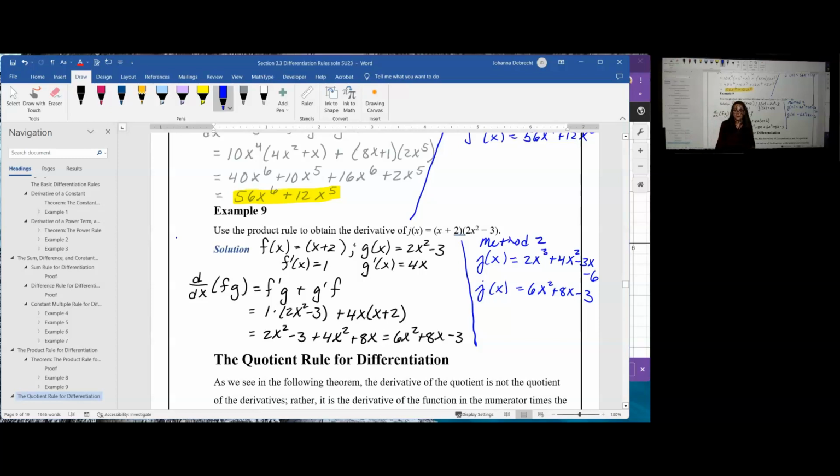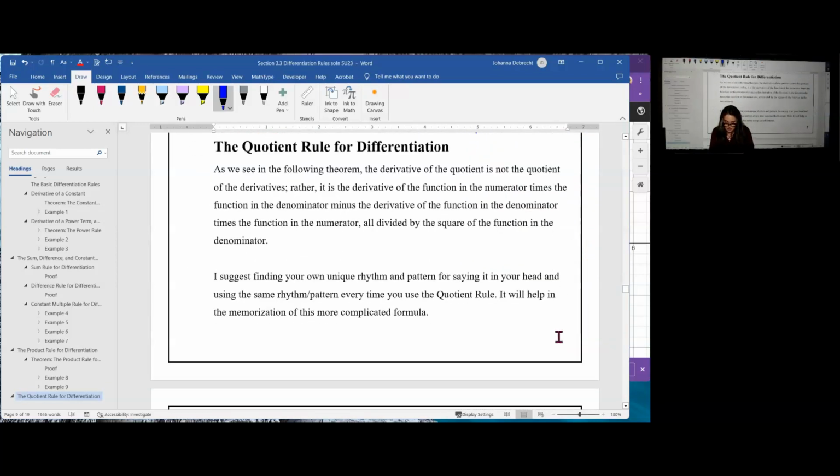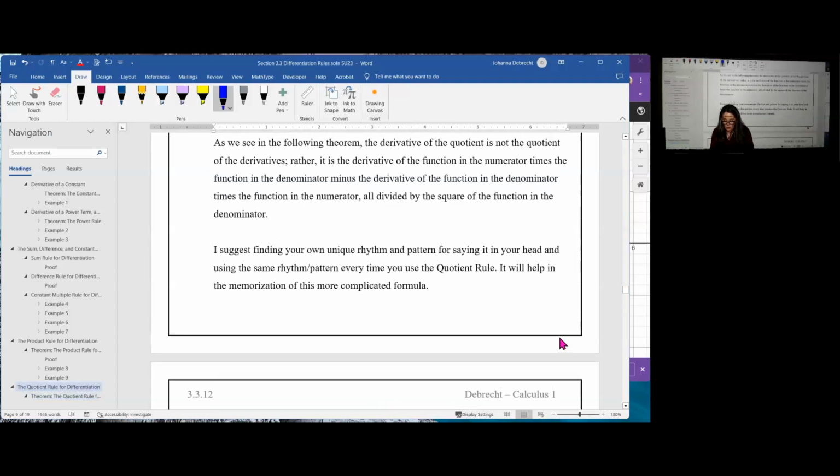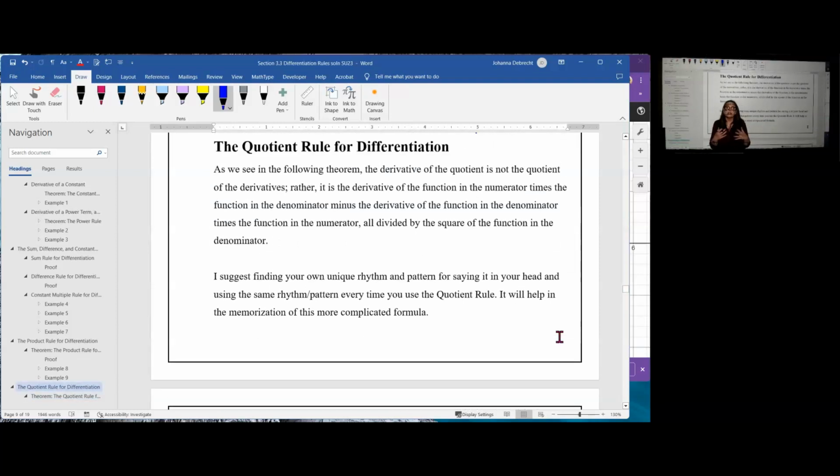Let's now cover the quotient rule for differentiation. As I mentioned previously, it's even more difficult than the product rule. You need to find your own rhythm and pattern for saying it out loud, and you need to use that pattern every time you do it so it becomes a groove in your brain.